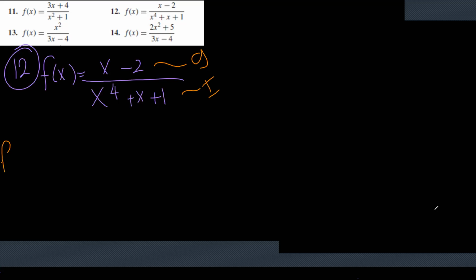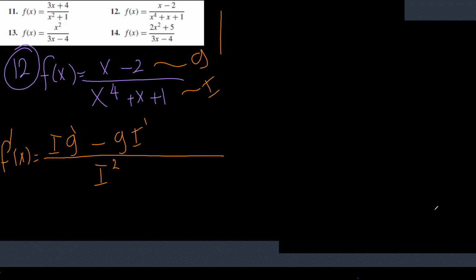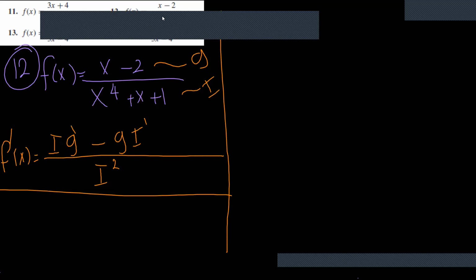So f prime of x is h squared down, so I start with h up, h g prime minus g h prime. So what do I need now? I need to find h prime and g prime. Let's find it here.